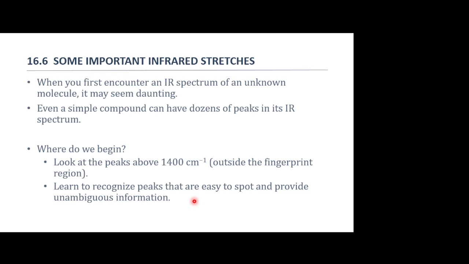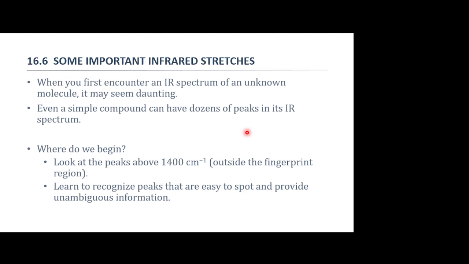Okay, and so even a simple compound can have dozens of peaks in its infrared spectrum. It's actually 3n minus 6, n being the number of atoms for a nonlinear molecule, okay? So even if we have, say, 5 atoms, we could have 15 minus 6, 9 fundamental bands in that spectrum, right?